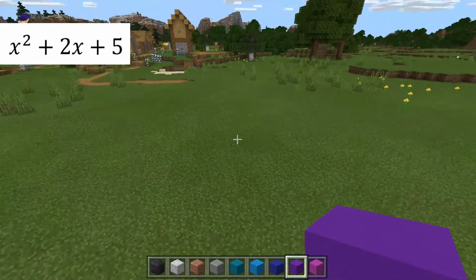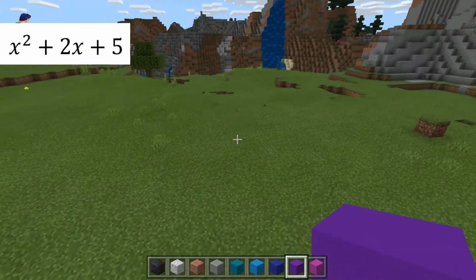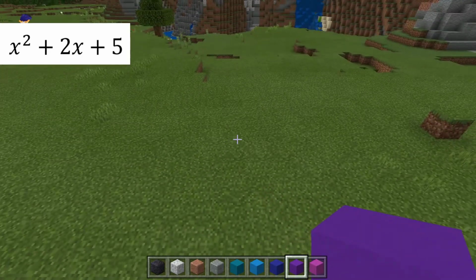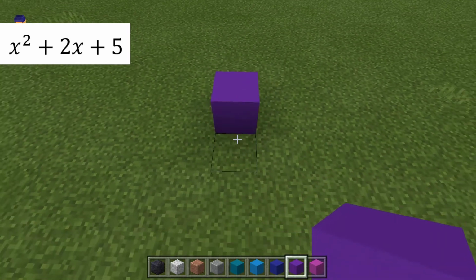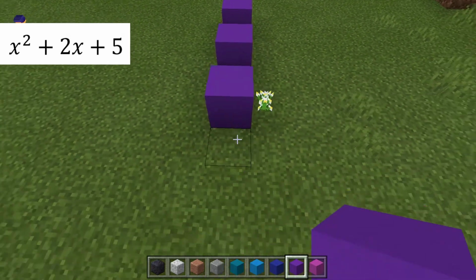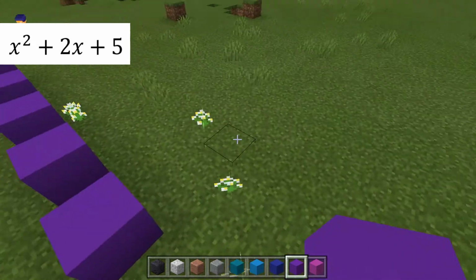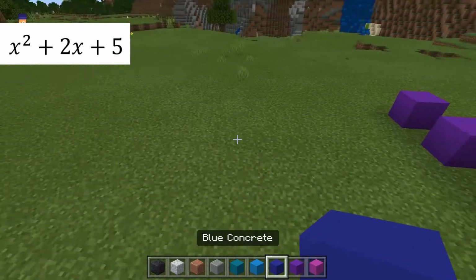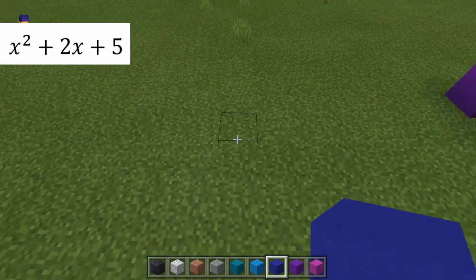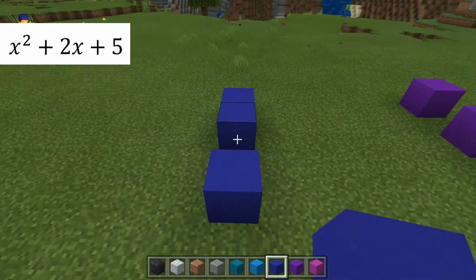Well, that can be a little bit confusing, I guess. Whenever we say we have 5, we mean that we have 5. Like, we literally have 5. When we say we have x, we're saying we have some number that we don't know.